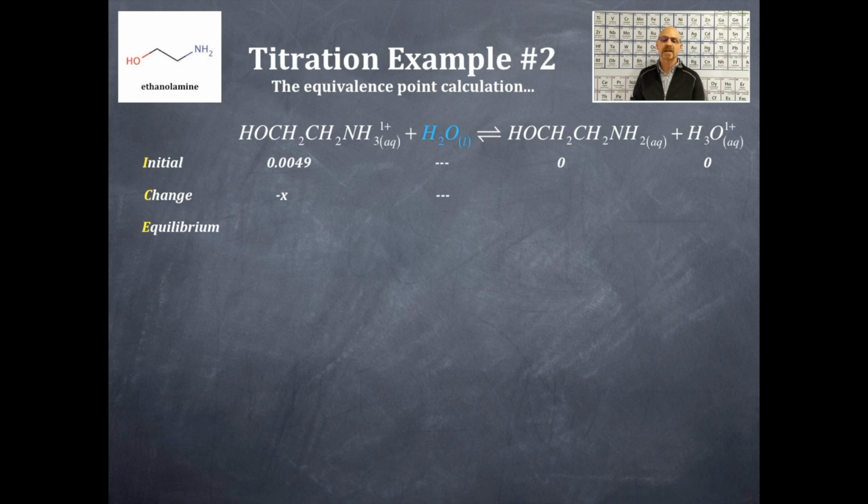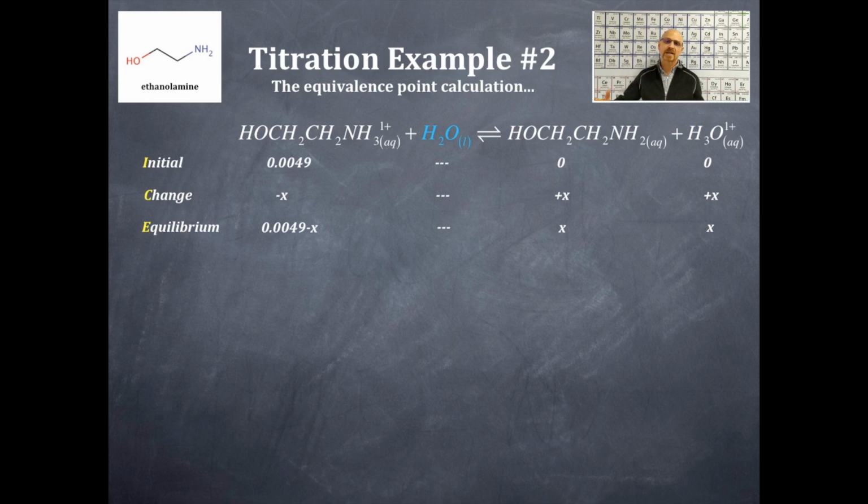And on the product side, I have ethanolamine, that has a stoichiometric coefficient of 1, and that's going to be an increase, which is a +1x. The hydronium ion has a stoichiometric coefficient of 1, and that's going to be a +1x as well. I'm going to add up my I and my C for my ice table to get my equilibrium values here. So that's going to be 0.0049 minus x. Nothing for the water, and just x for the ethanolamine and x for the hydronium ion.